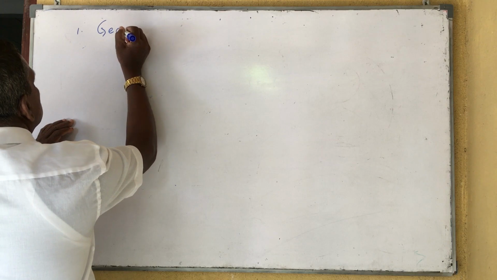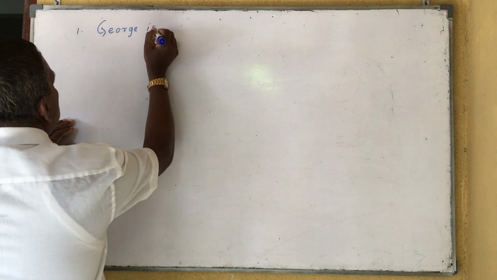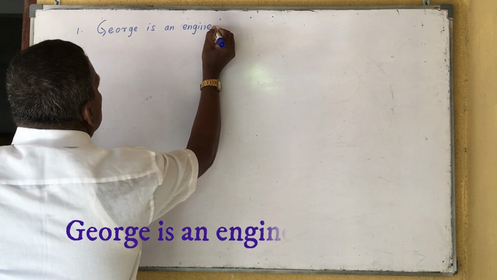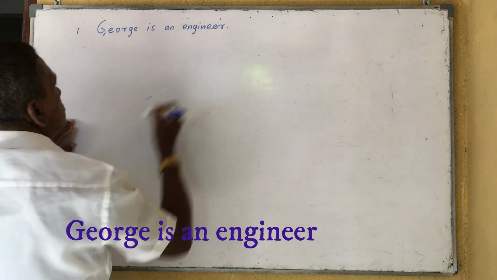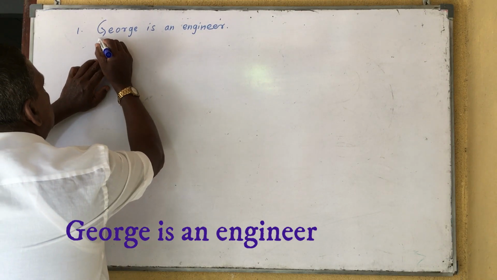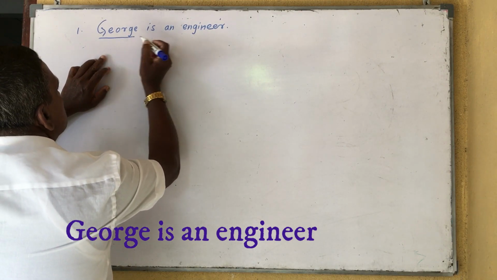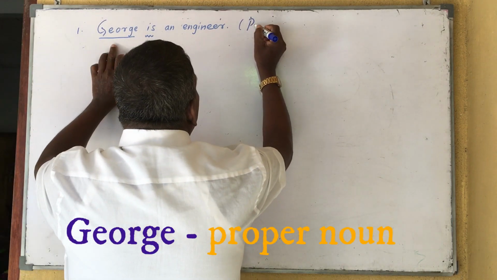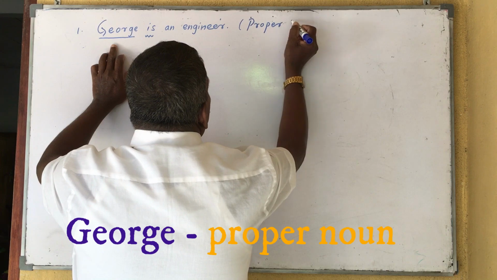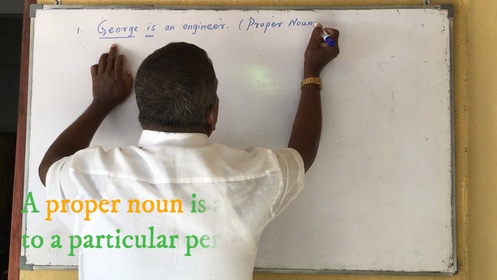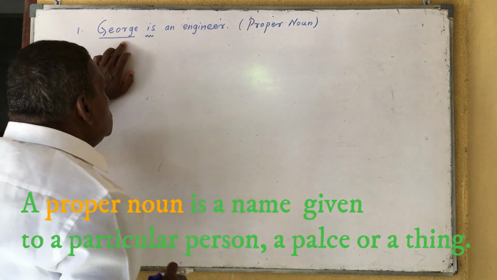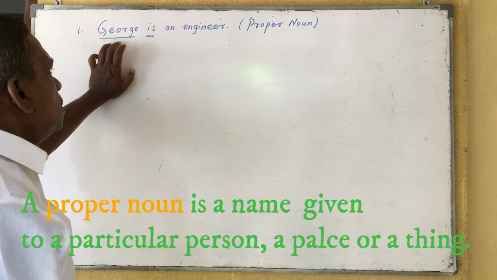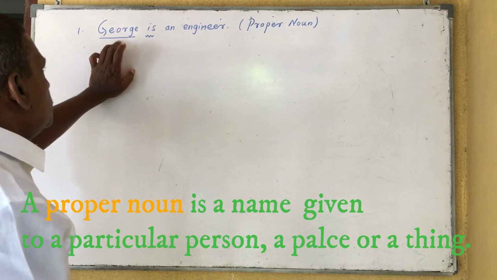George is an engineer. Here, subject is George. Verb is. Subject is a proper noun. Proper noun means a noun, a name given to a particular person, a place, or a thing.